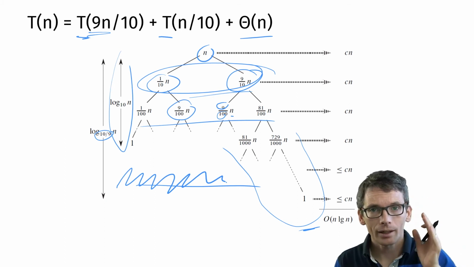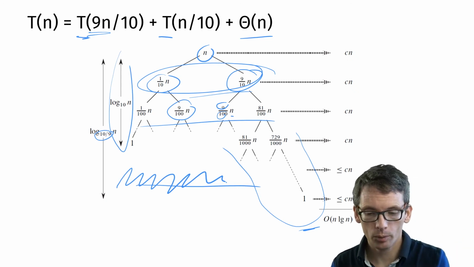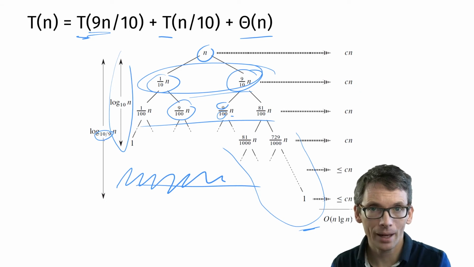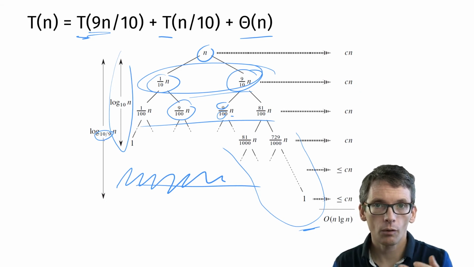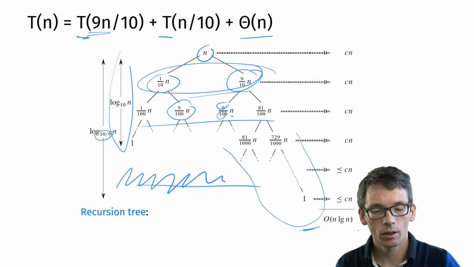So then we get, as an upper bound, n times the number of levels. The number of levels is, as always, because we have a log of n to some constant base, of order log n. So overall we get n times log n, order n log n.